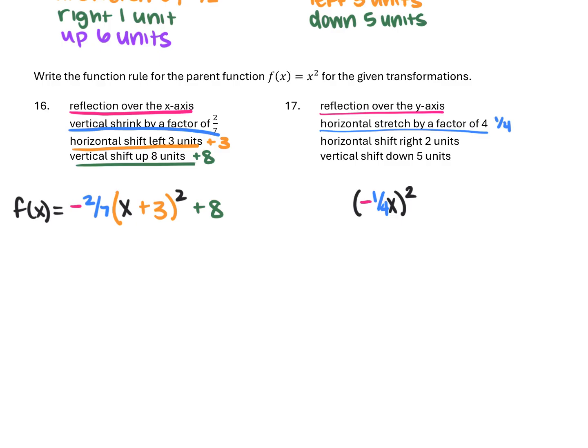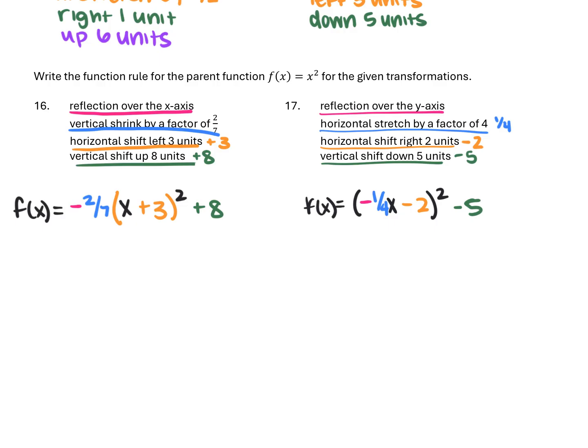From here, you have a horizontal shift to the right 2 units. So if it's right 2 units, it's going to be -2 on the inside. So again, I'm moving the parentheses and the power to be after the -2 on the inside. Lastly, you're going down 5 units, so it's going to be -5 on the outside.